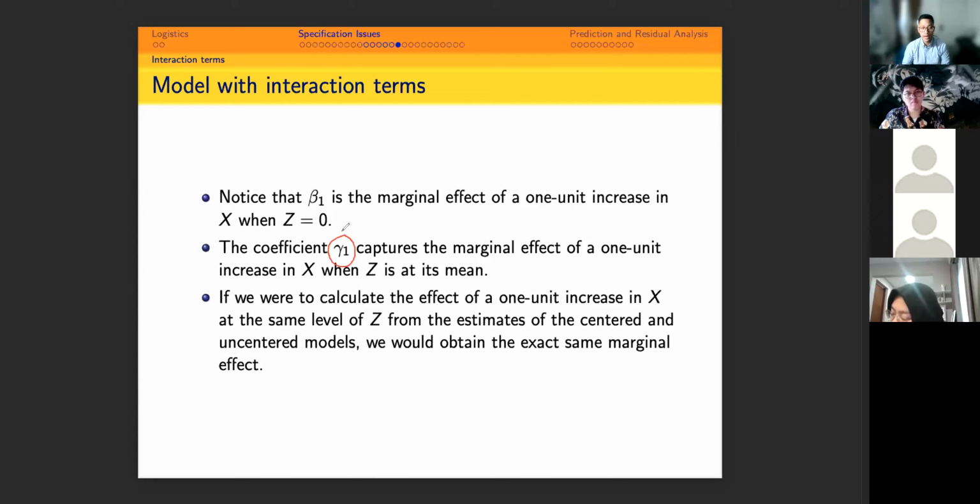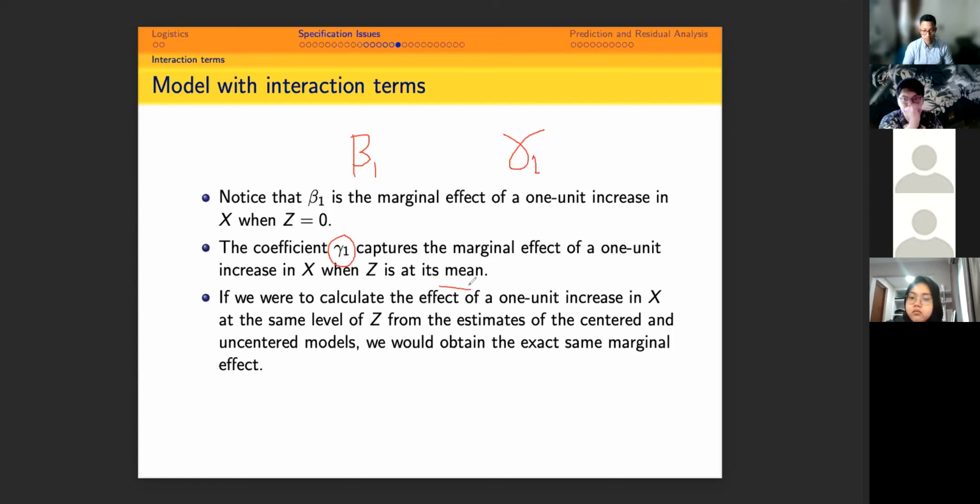Let me compare the interpretation of beta 1 and gamma 1. The interpretation of beta 1 is the marginal effect of a unit increase in x on y when z is equal to 0. The interpretation of gamma 1 is the marginal effect of a unit increase in x when z is at its mean.